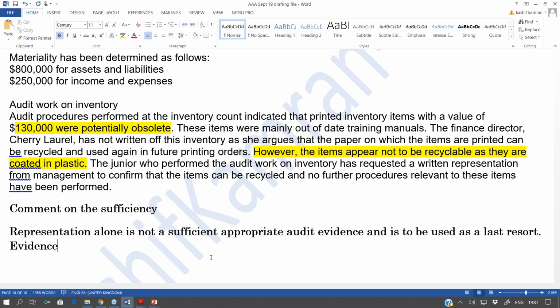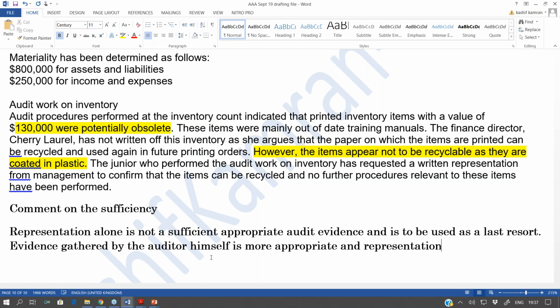Evidence gathered by the auditor himself is more appropriate, and representation cannot be a substitute of evidence. Representation cannot be a substitute of the evidence obtained by the auditor.